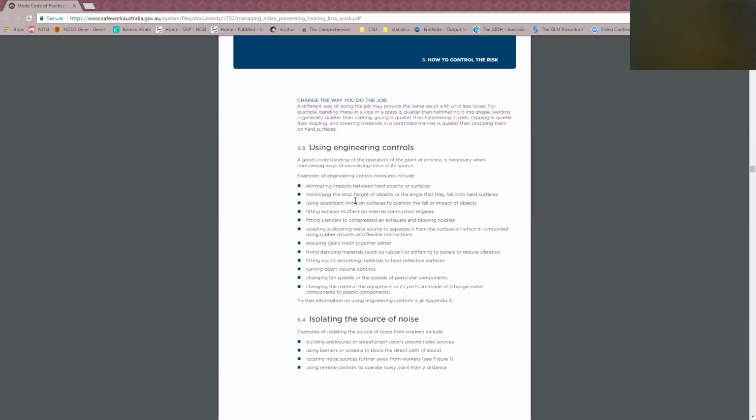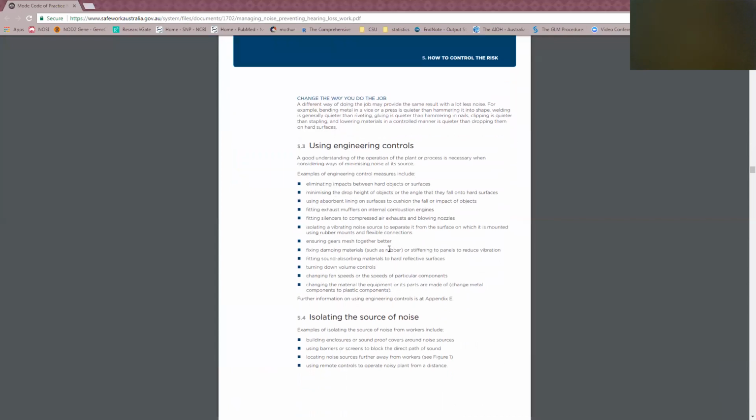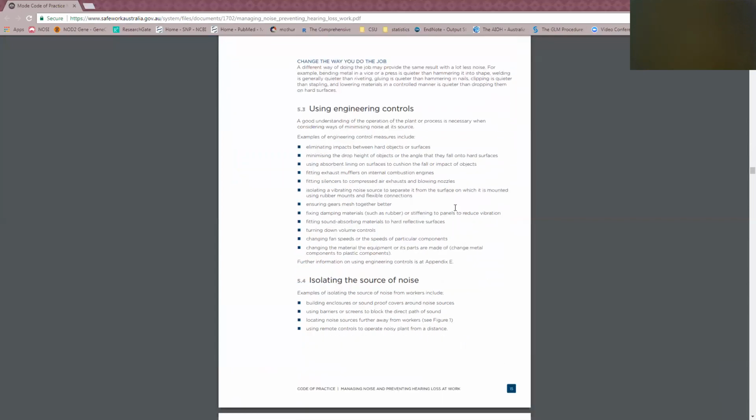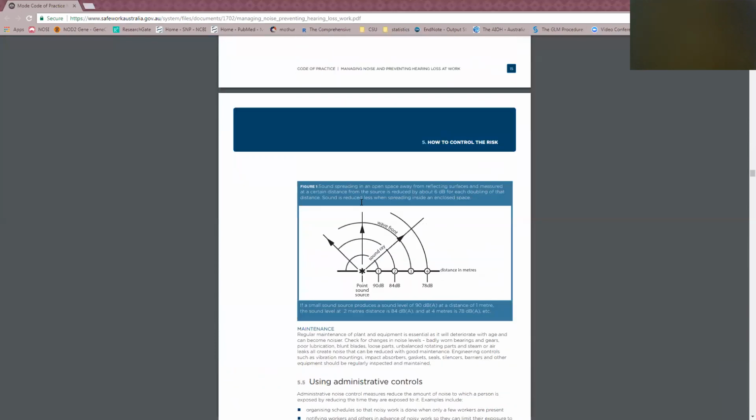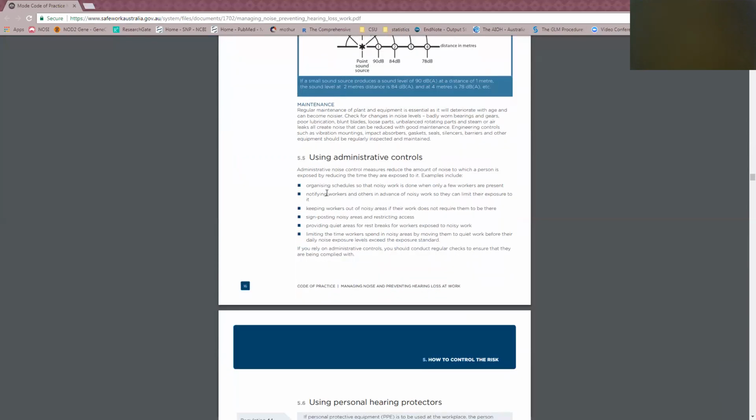Use absorbent lining and cushion impact. So we could have put that drill, or maybe the bandsaw, on absorbent matting. The drill work could have been isolated to a separate room. A maintenance program, making sure you have a good maintenance program so you don't have deterioration of moving parts, which generate noise and it's not running smoothly anymore.